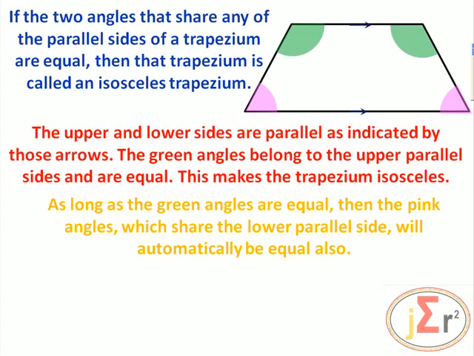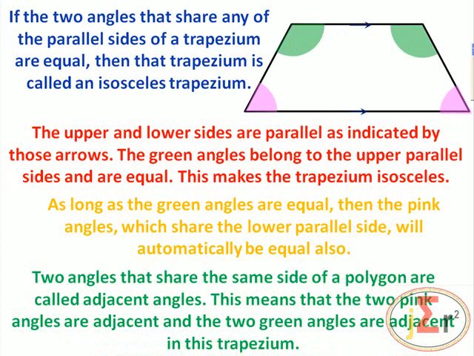So in an isosceles trapezium, the angles that share any of the parallel sides will always be equal. And if these two are equal, it follows that the other two angles that share the other parallel sides must also be equal.